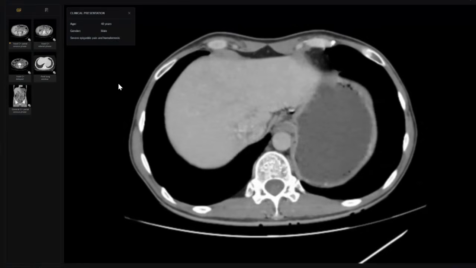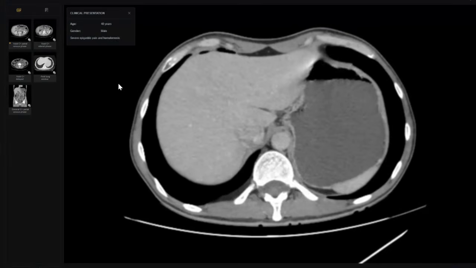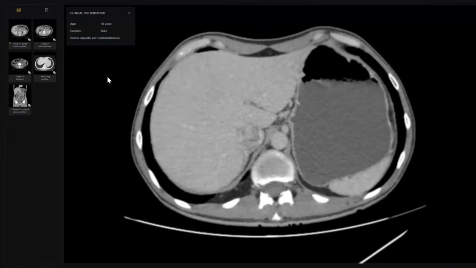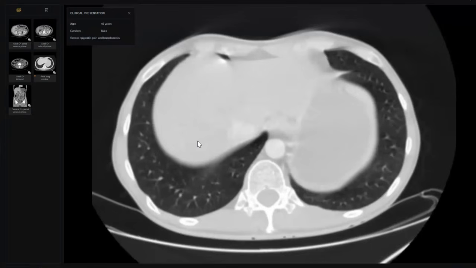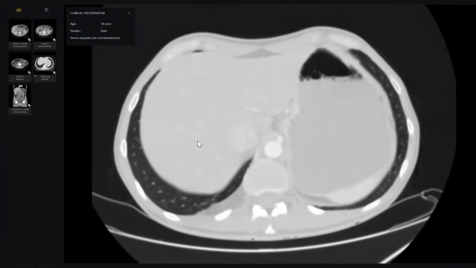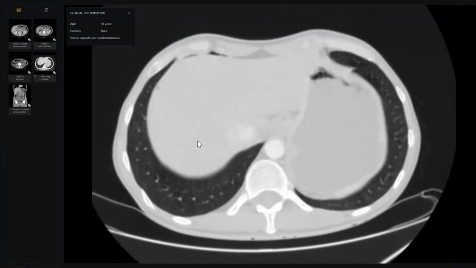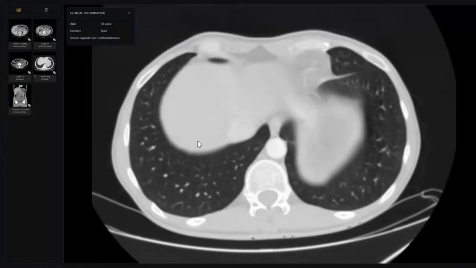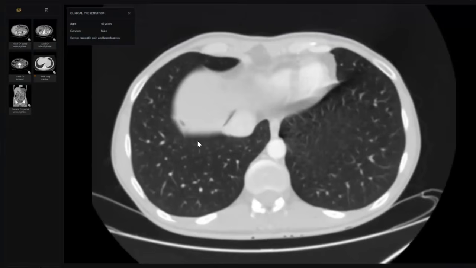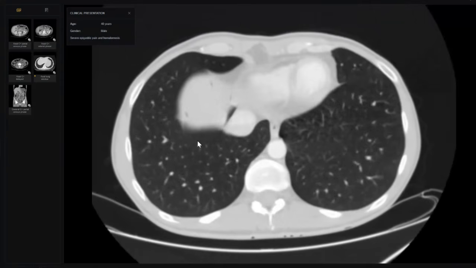I would like to check in lung window. Yes, on lung window. I can see lucency around the IVC and anterior at the subdiaphragmatic area and anterior to the liver.